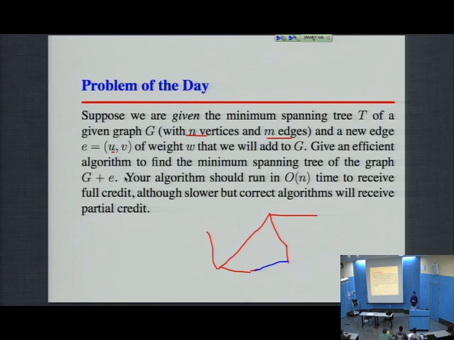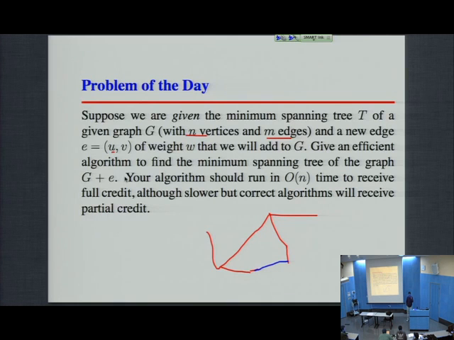Now, what if I were to do something dirtier? Let's just make this a little more complicated. You're given a graph with n vertices and m edges. Suppose now, instead of adding an edge, we are told to delete a specific edge.